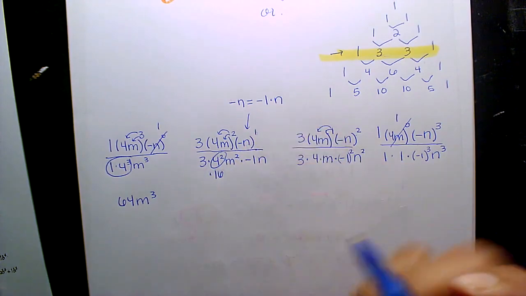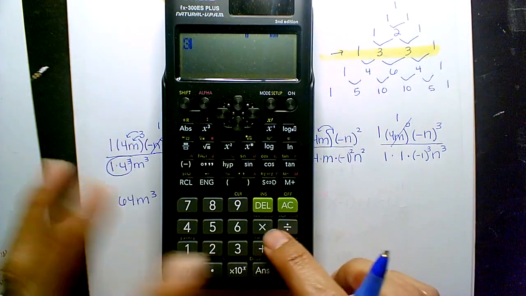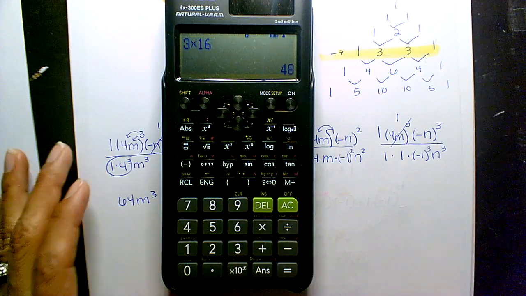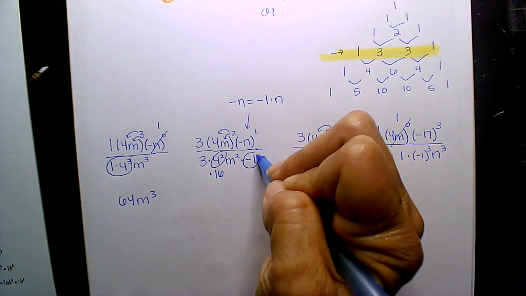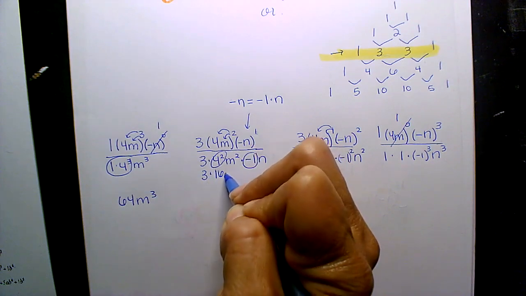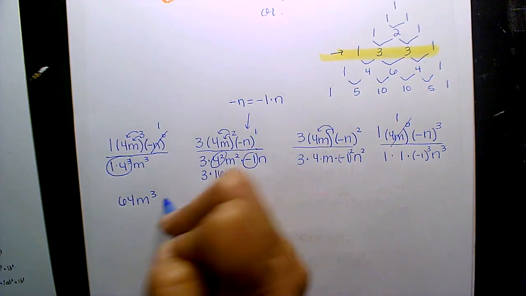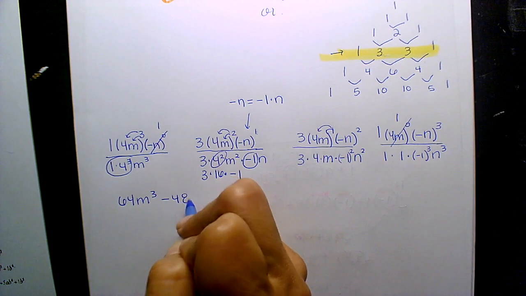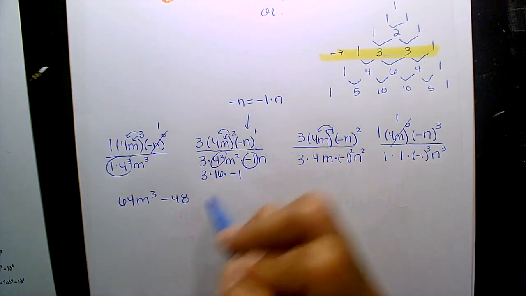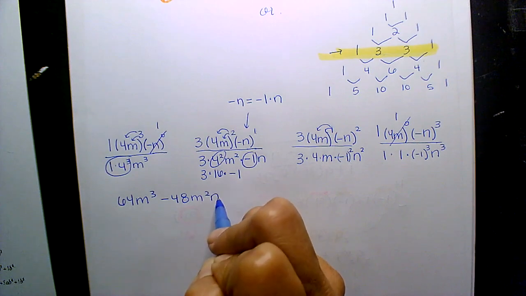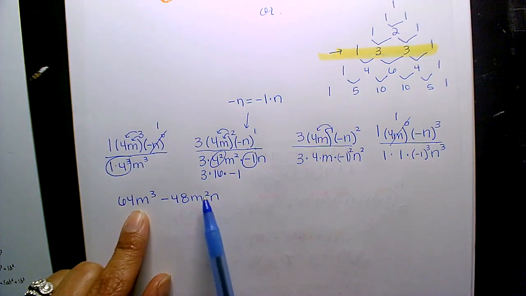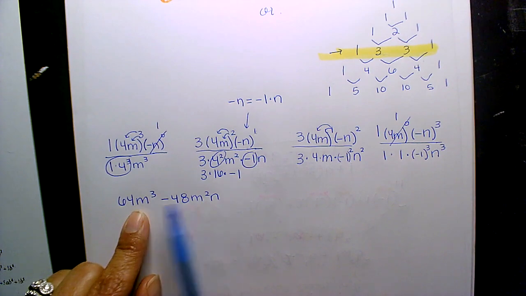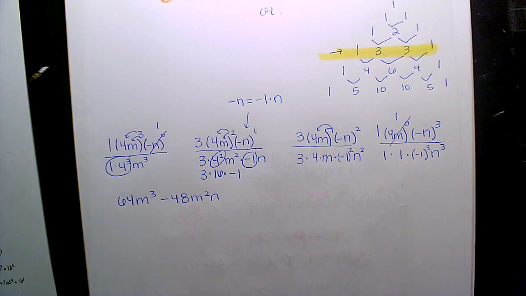So what is 3 times 16? 48. And then times that -1, right? So 3 times 16 times -1 is -48. And now I have m squared n, but that shouldn't be a problem because look, m3, m2, n0, n1. So far it's working out fine.